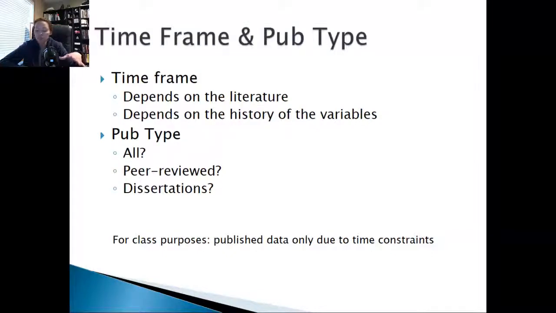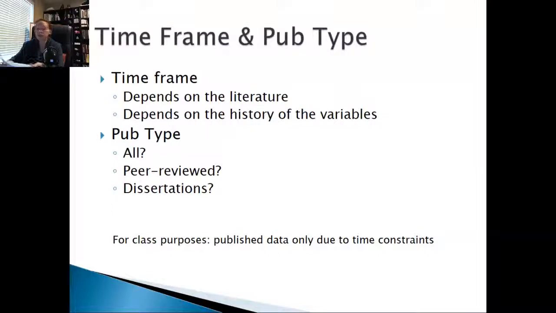So you're probably not going to want to go back to 1950 and look at that, because what the therapy looks like now is really different than in 1950. Keep that in mind. You're going to want to set the time frame of the articles you're looking at and give a justification as to why you've set that time frame.